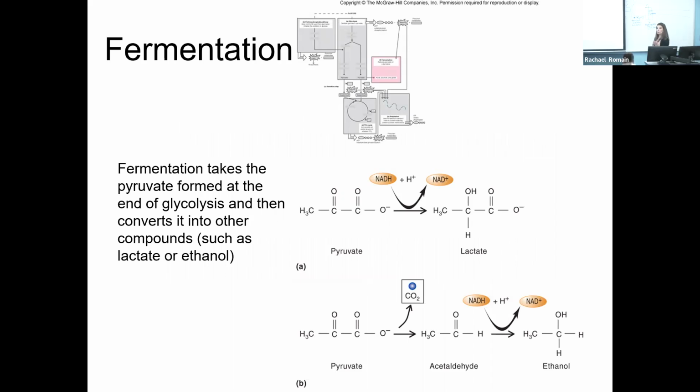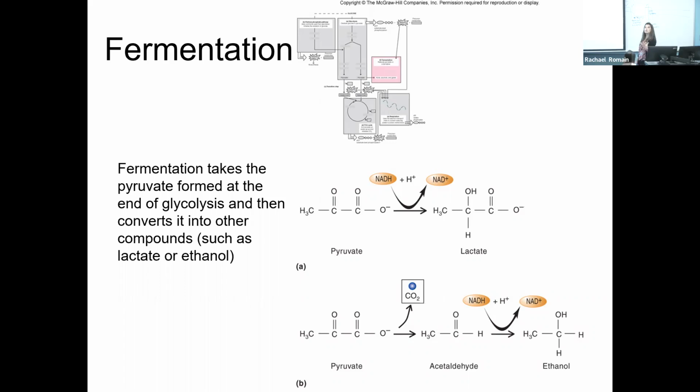When you see the word respiration, it means the organisms go all the way through to the electron transport chain. Does fermentation say respiration anywhere in it? No, it is a different process entirely. In fermentation, you do glycolysis, and then you take that pyruvate and you convert it into one of two other components.